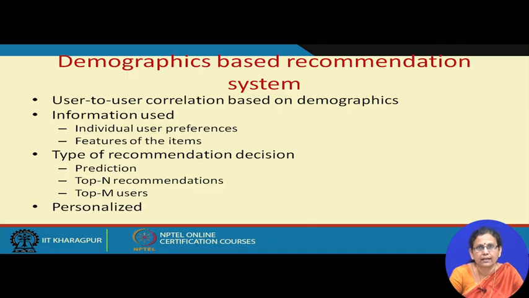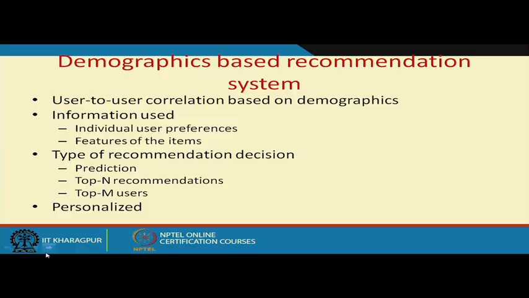Then you have your demographic based recommender system. So, here it is again user correlation, but in case of collaborative filtering, the correlation was made based on their preferences from the preference matrix, but here the correlation has to be made based on the demographics. Last one was whether they were interested in the similar products, and here whether their personal data, demographic data looks similar.